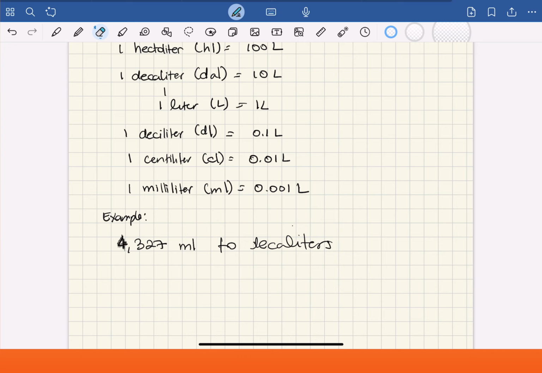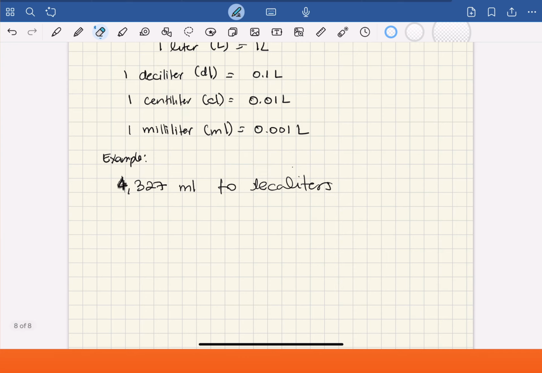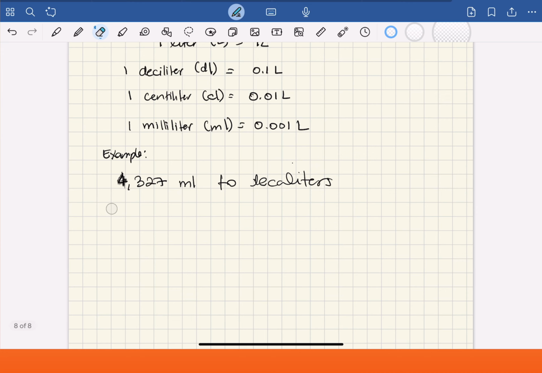There's a relationship between all three of them, but not a direct relationship. So what I would want to do here is, to be able to jump from milliliters to decaliters, first I have to go to liters. Once I have liters, I can find decaliters.